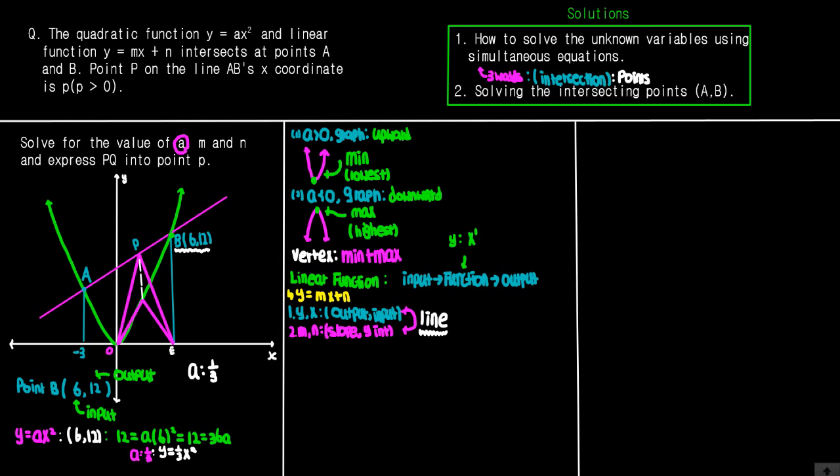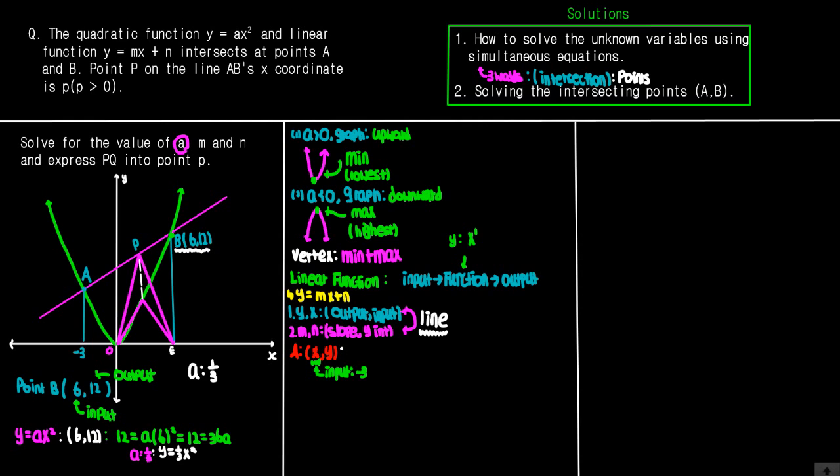Before solving for m and n, let's think about point A. Point A is an intersection between the quadratic and the linear function, which means when we input its x value, it gives us the same output in both functions. Every point is formed by x, y in our coordinate plane. In this case, our x value was -3, as they gave us. But we couldn't solve for the output in the linear function because it has so many variables.